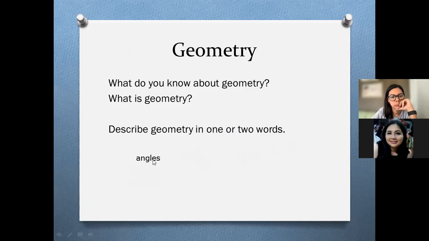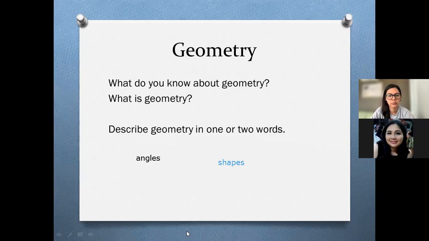She says angles. Okay. That's what you found, or that's the first thing that comes to your brain when you see geometry. Angles. Okay. Shapes. Shapes and angles. What else? Let's start filling all these, please. Filling with information.